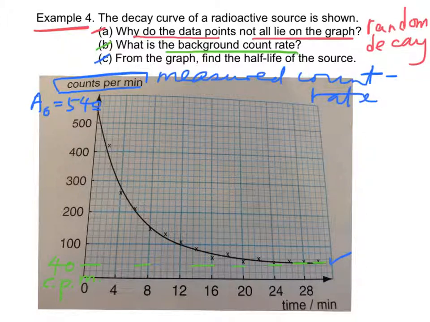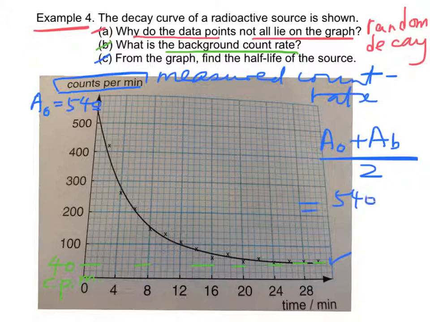We have A lot plus AB over 2 equal to 540 plus 40 over 2, which is about 290 counts per minute.